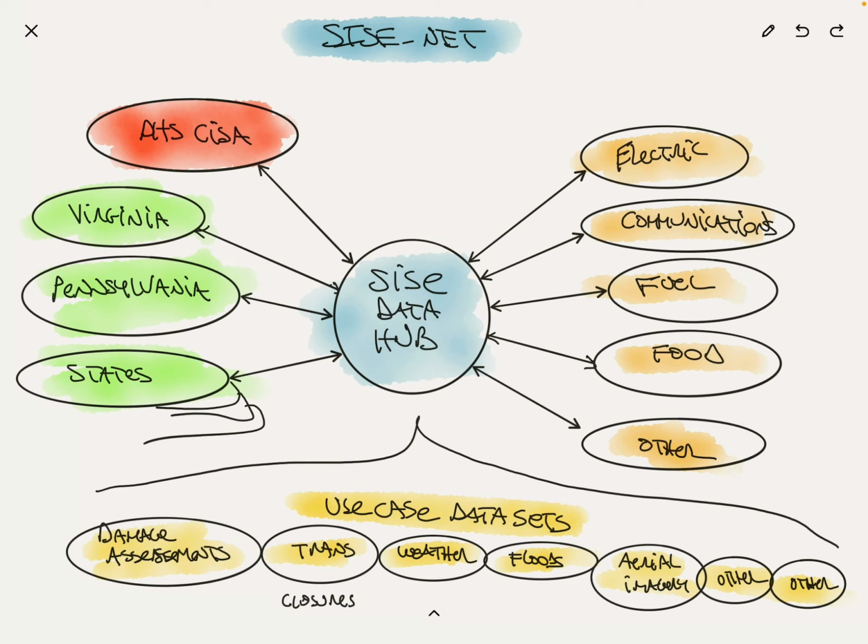And so by synchronizing that data on damage assessment, which will be our first one, we'll be able to get access to Dominion's preliminary and final damage assessments and get real-time information from Virginia with regards to the roads and the damage assessment from their perspective. All that will appear in one use case, organized in there and then fed out. So it's a great concept. It's a very simple concept, but that's the background for SISE-net.